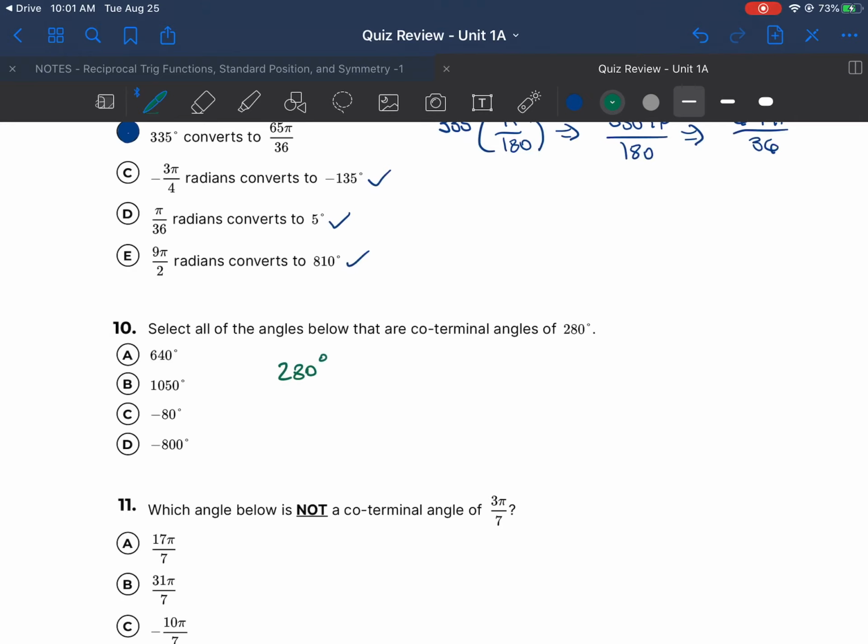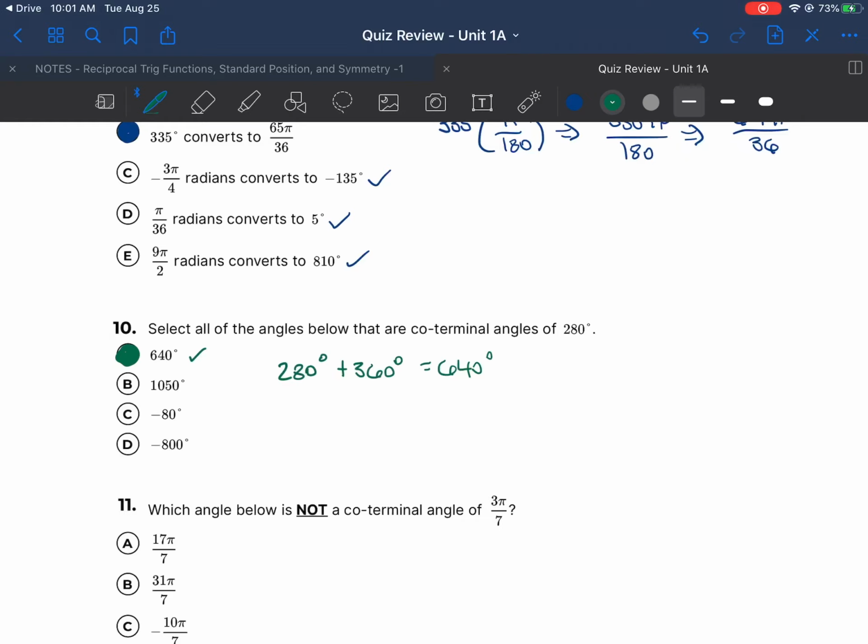So let's go ahead and start adding multiples of 360 degrees. If I add 360 degrees to 280 degrees, that's going to give me 640 degrees. Okay, well that's right there, so let's go ahead and circle that one. But again, this is a select all of the angles, so let's add 360 degrees again.